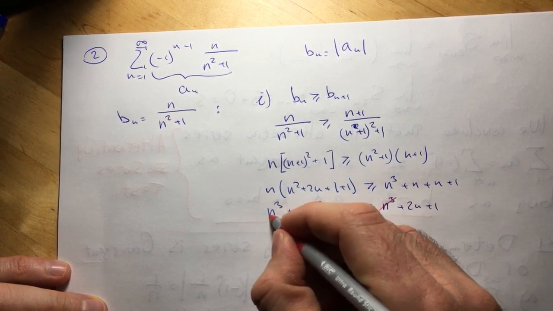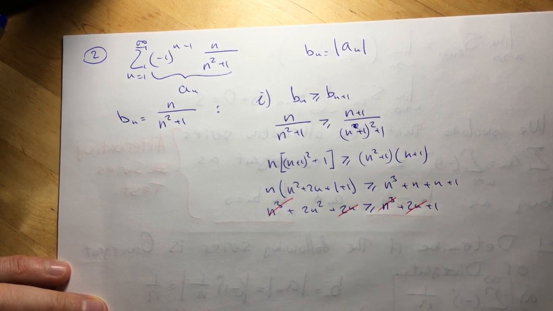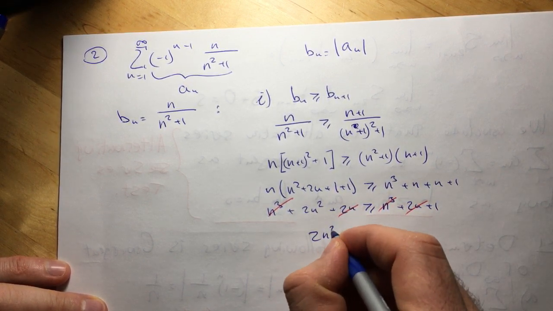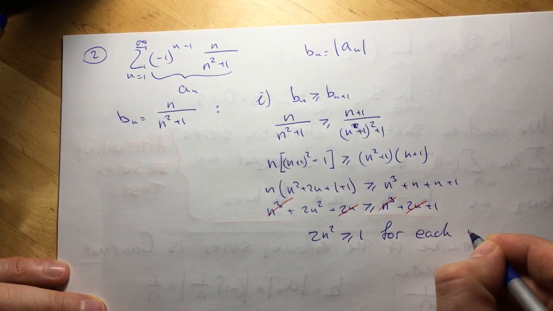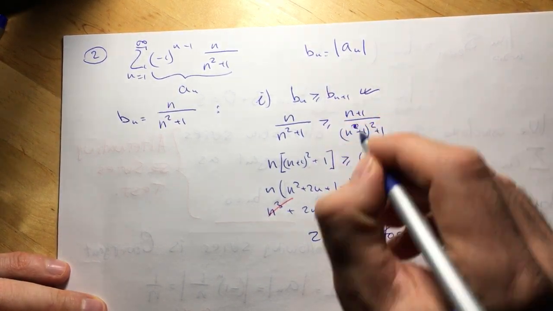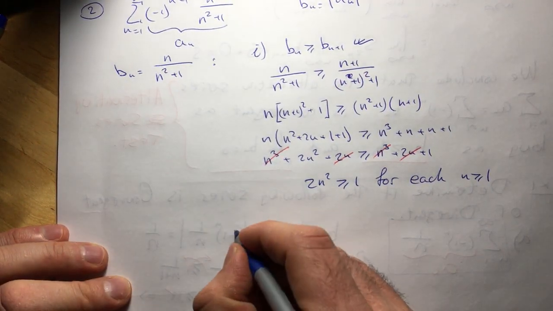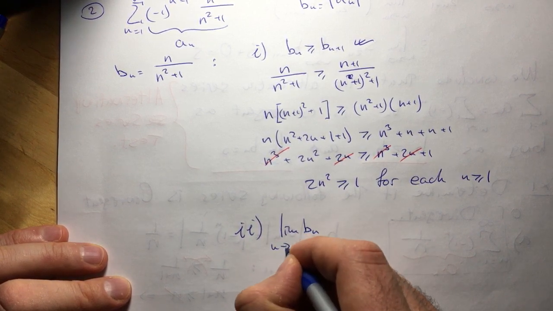And then if you want to make it obvious, right here 2n squared is greater or equal to 1 for each n greater or equal to 1. Okay, so we have shown that this condition is satisfied, and 2, the second condition is even easier.